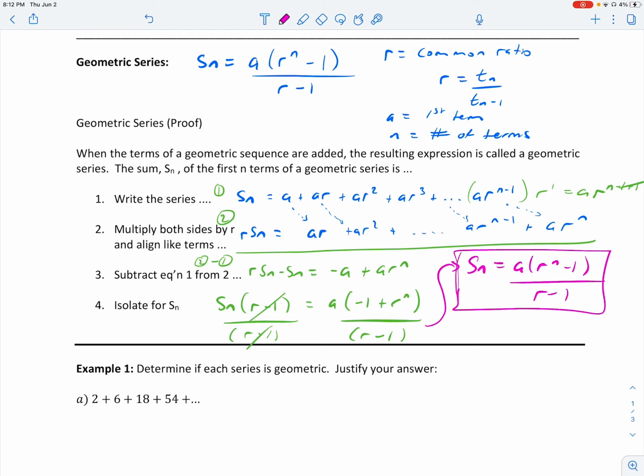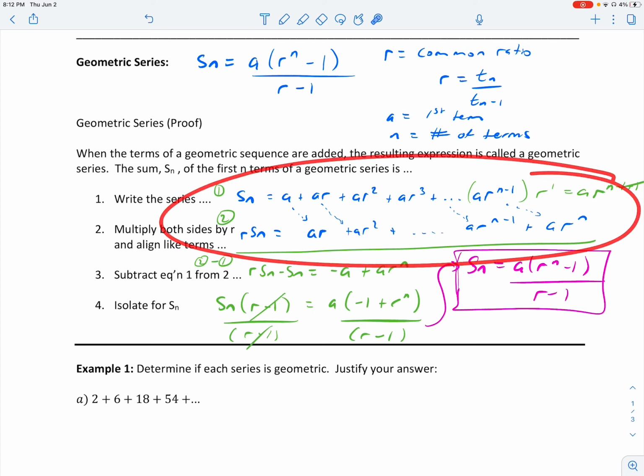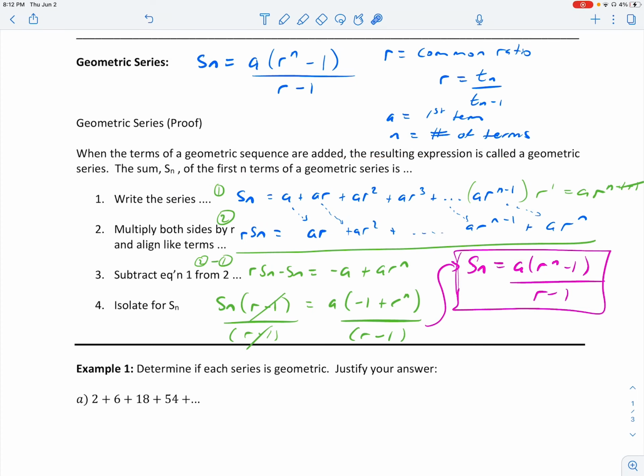So hopefully you're able to follow along with this. I don't expect you to do something of this capacity on your own, but hopefully following along with the steps, you're able to see how we derive that. If you need another look at it, you could also find this in the textbook on page 403.